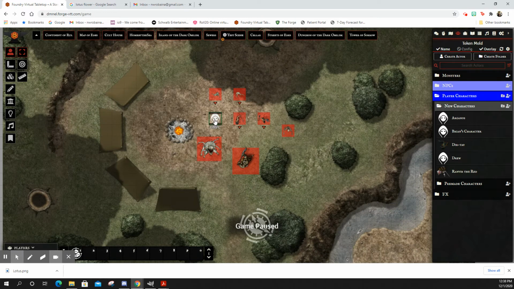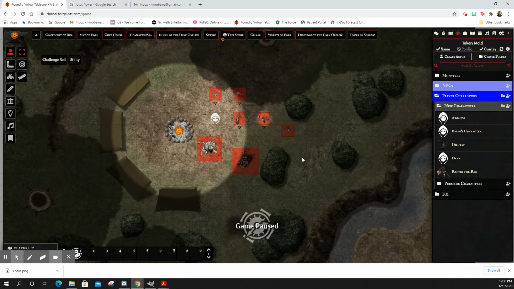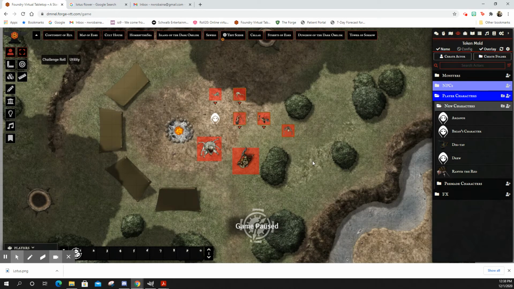But now with the update that Xacus has done, this is pretty cool, you can select multiple targets like so, and you can initiate a challenge roll. Let's say that this is like a fireball, and they all have to make an agility challenge roll. So you have all the ones affected in the area of effect selected.